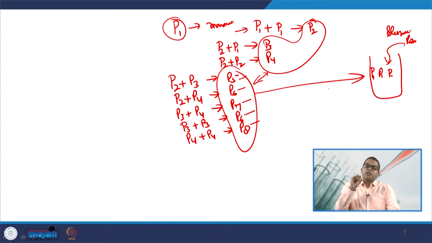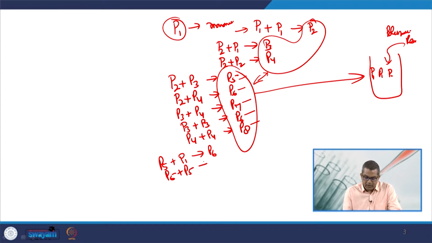Now, if you proceed further, you see that the complexity may be like this. P5 may combine to give you P6. Similarly, P5 may combine with P5 to give you P10. P5 may have an option to combine with P4 to give you P9. Similarly, P8 may have an option to combine with P7 to give you P15.